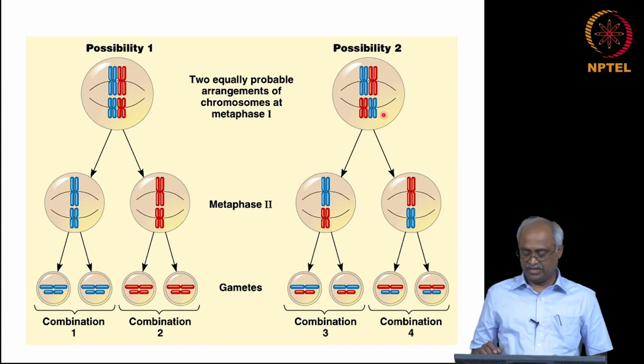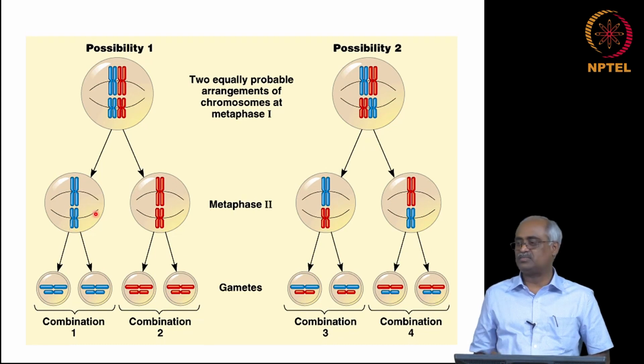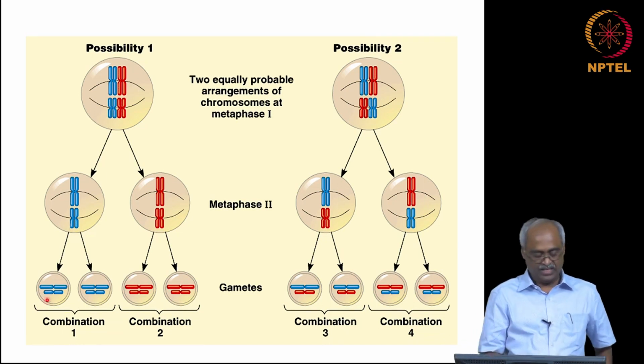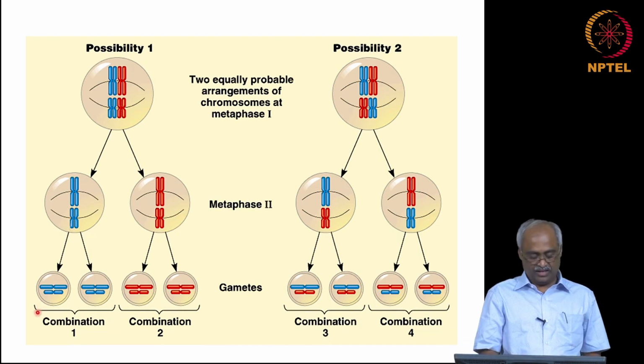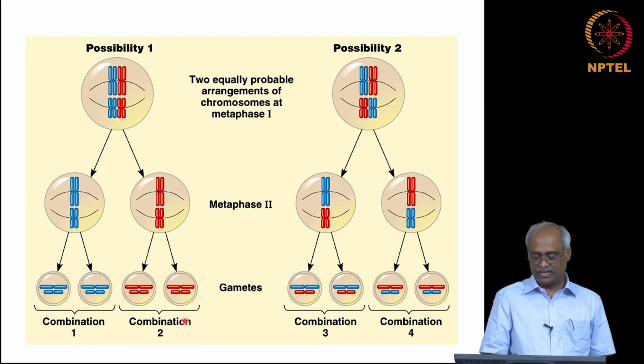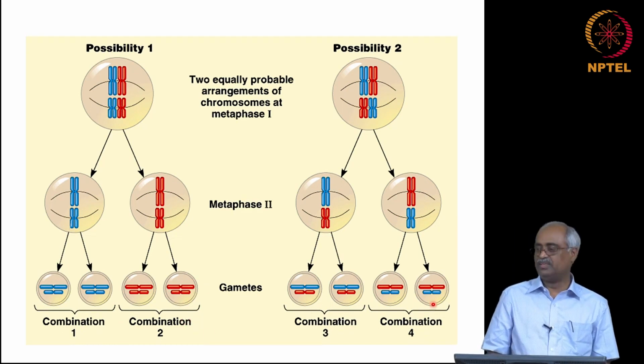So as shown in this cartoon, you could get this situation. If this happens after meiosis 2, where the sister chromatids are separated, you will end up having combination 1 where for both the chromosomes you got the maternal, and combination 2 where for both chromosomes you got the paternal, or you could have these.